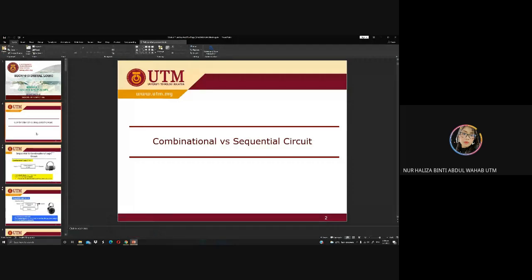Okay, now, yesterday we did take a look into latches. Before we go for latches, we did see what is combination and also sequential circuit. What is the biggest differentiation between each other?